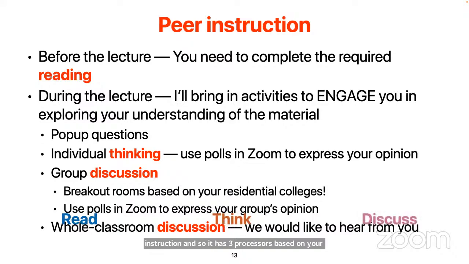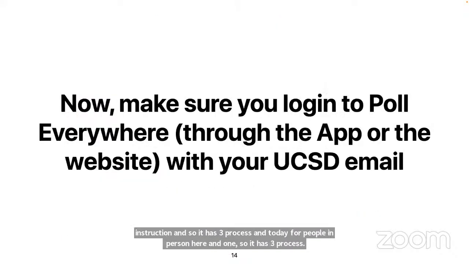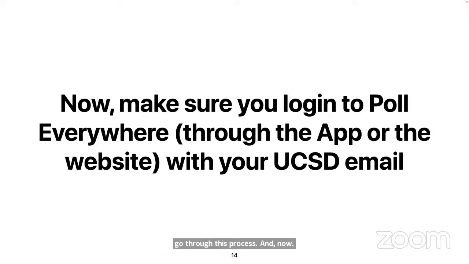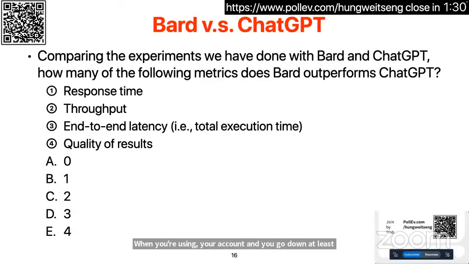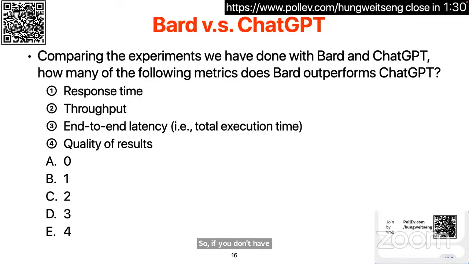Make sure that you can log in to the Poll Everywhere app, which you're supposed to download, or you already have it with your UC San Diego account. You will have at least 90 seconds to answer the question. The top right-hand side of the slide has the web address, so if you have a laptop, you can connect through the web.